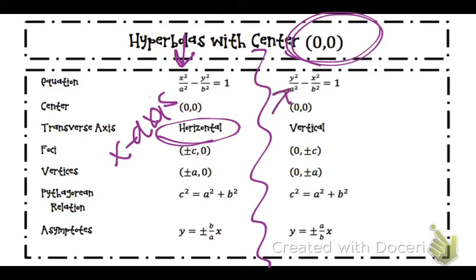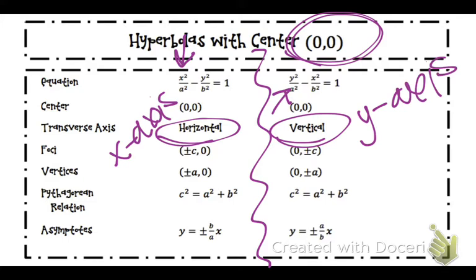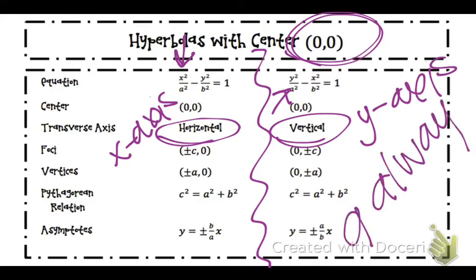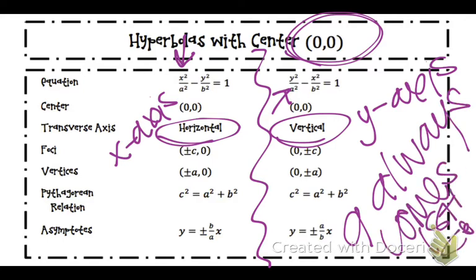If Y comes first, that still means that A is first. A is always first. It just tells you that now this is vertical, so my transverse axis is the Y axis. So I'll write it down again. A always comes first.